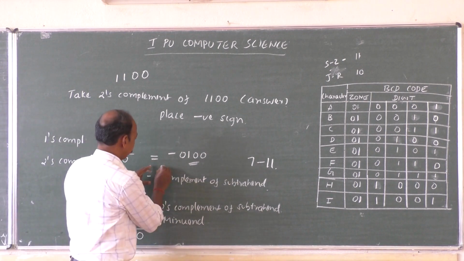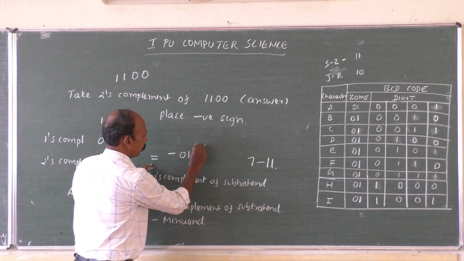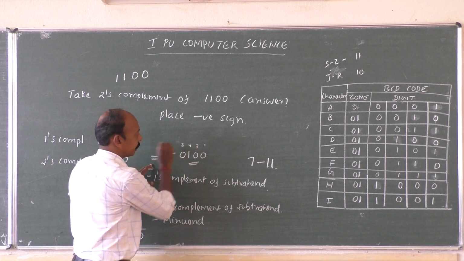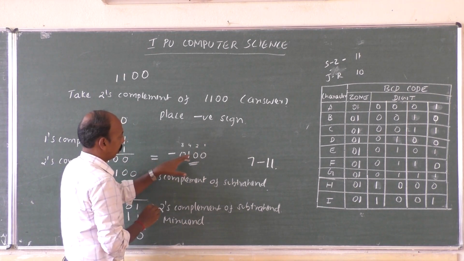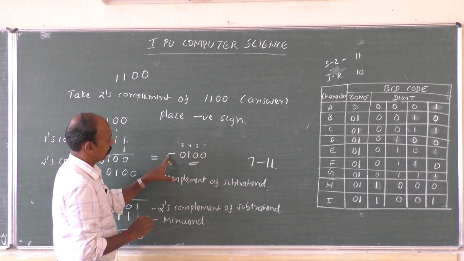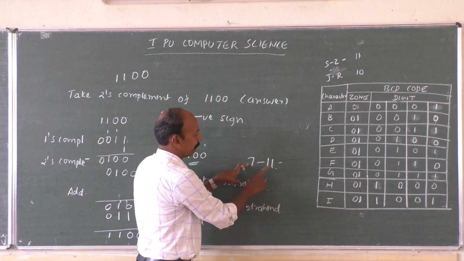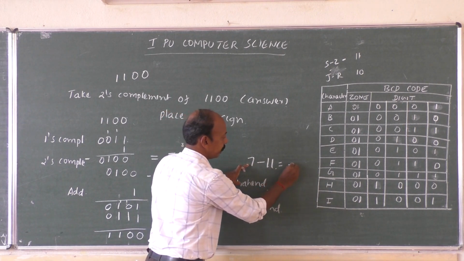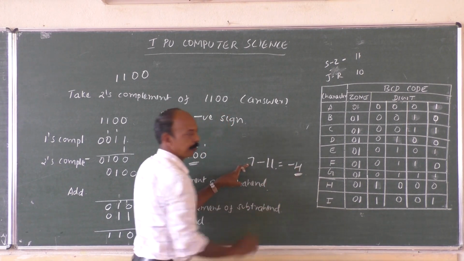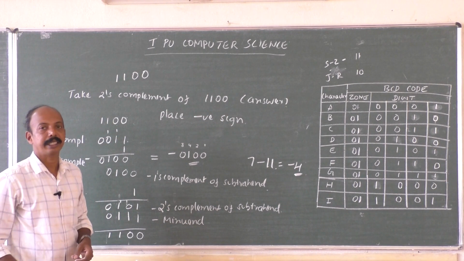So this is say 1 2 4 8, isn't it? So the answer is minus 4. Is it right? The difference when we subtract 11 from 7, of course it is minus 4. So whatever we have done is right.